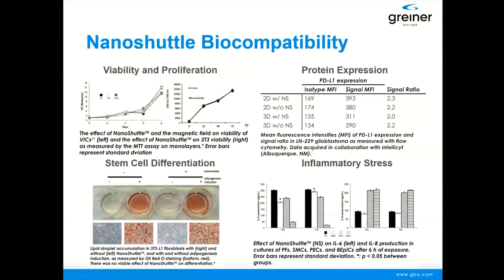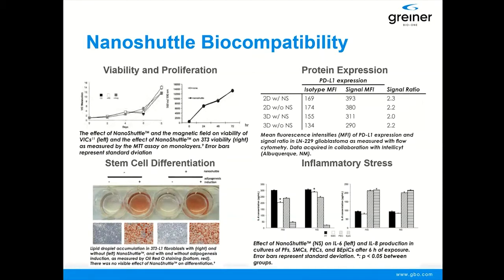The next reason, which comes to this slide, is a fair question: is the NanoShuttle biocompatible? And it is. It has no effect on the cells, and we've shown that over and over in these publications. The reviewers ask, or used to ask, what the NanoShuttle does to the cells.